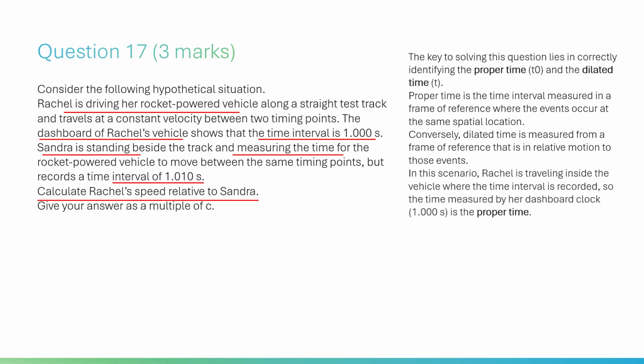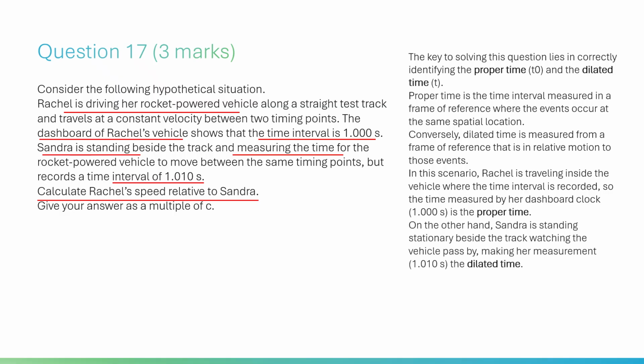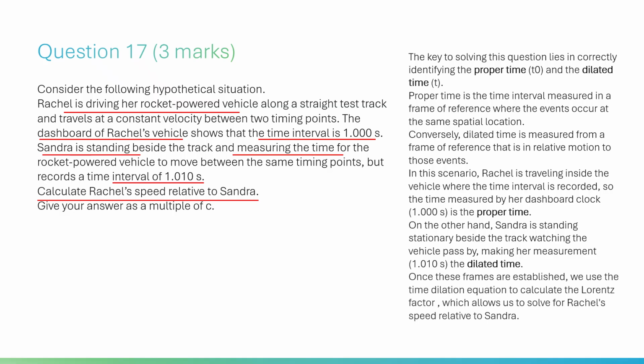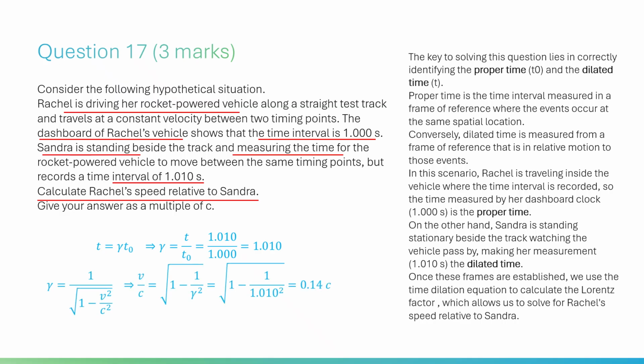In this scenario, Rachel is traveling inside the vehicle where the time interval is recorded, so the time measured by her dashboard clock, 1.000 s, is the proper time. On the other hand, Sandra is standing stationary beside the track watching the vehicle pass by, making her measurement, 1.010 s, the dilated time. Once these frames are established, we use the time dilation equation to calculate the Lorentz factor, which allows us to solve for Rachel's speed relative to Sandra.